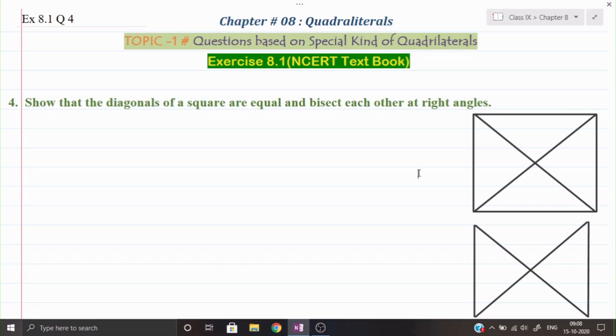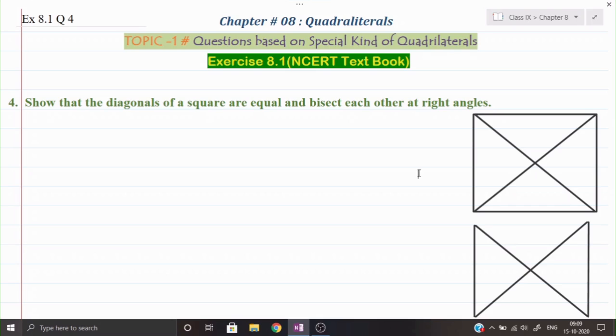You can assume all sides are equal, opposite sides are parallel and all angles are equal to 90 degrees. Then we need to prove the properties of the diagonals: one, the diagonals are equal. Second, the diagonals bisect each other, meaning one diagonal divides the other into two equal parts. And the third thing we have to prove is that they are perpendicular as well.